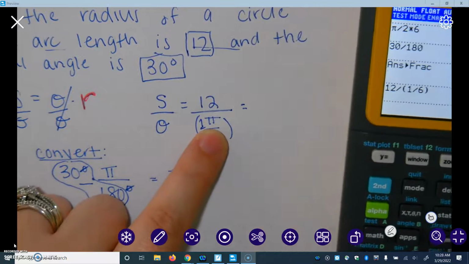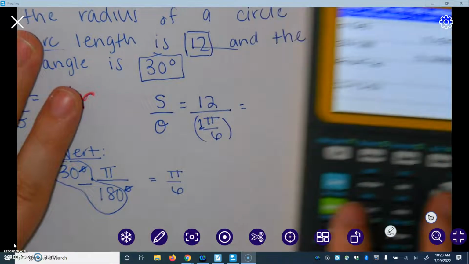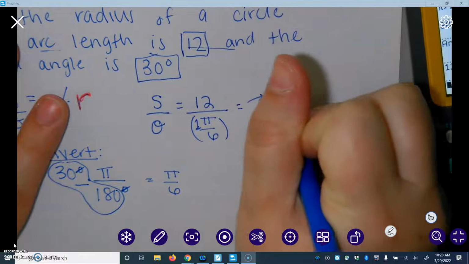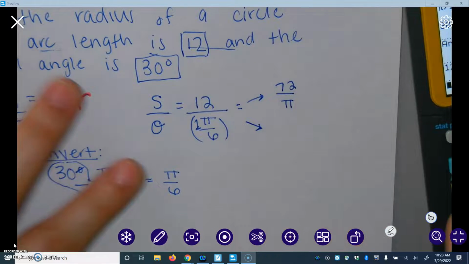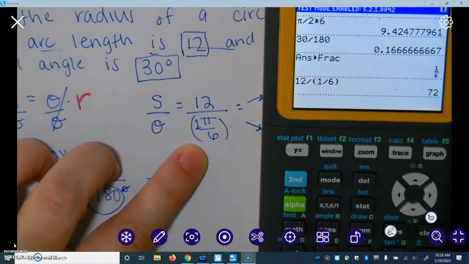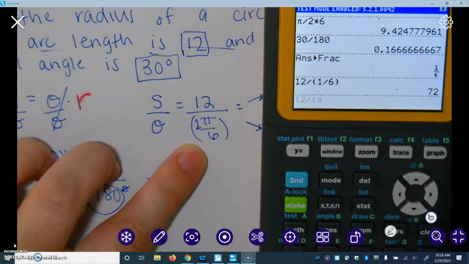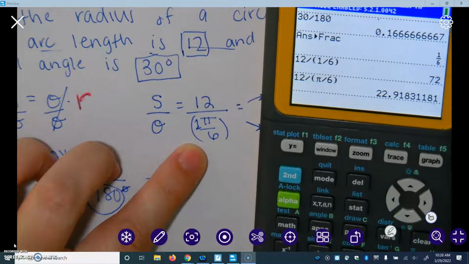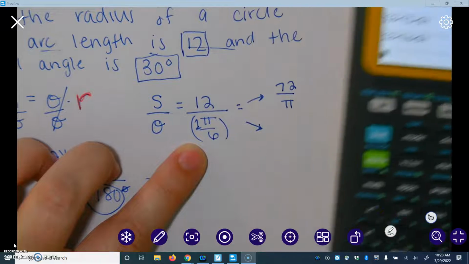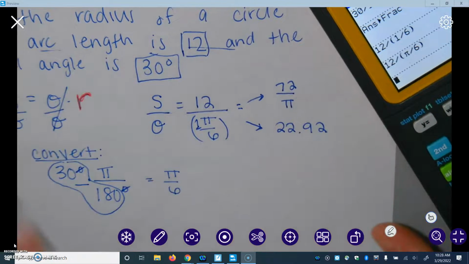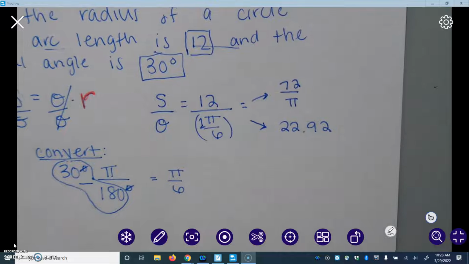And since pi is underneath the 12, that would be 72 over pi. Or I can just type it in as 12 divided by pi over 6. And I just have to round that. 22.92. Both are fine, whichever way is making sense to you.